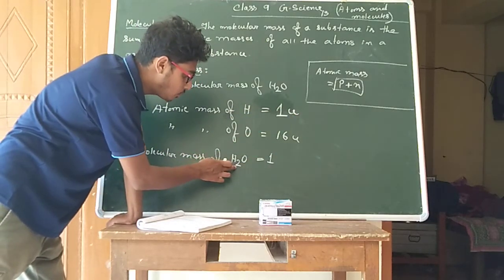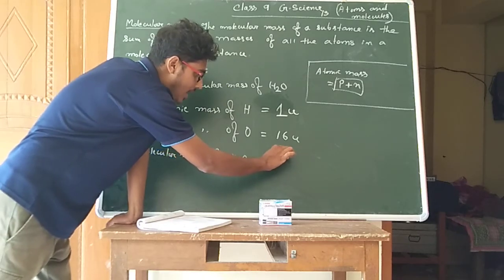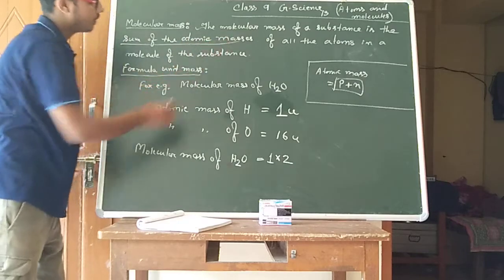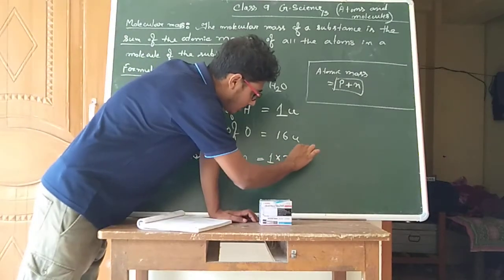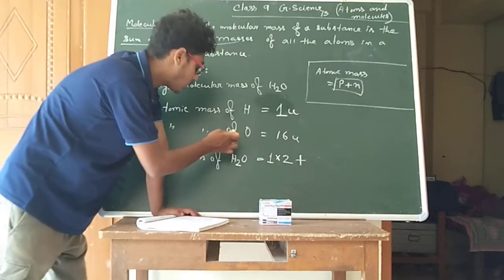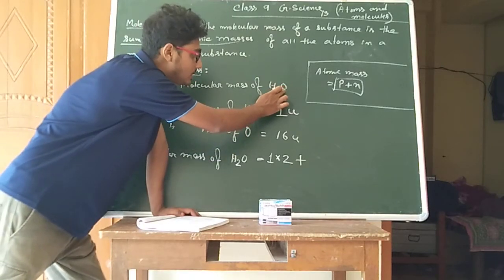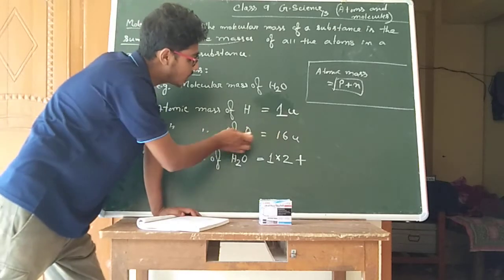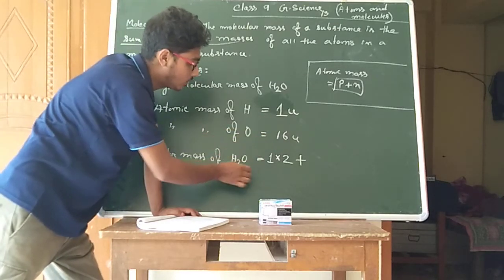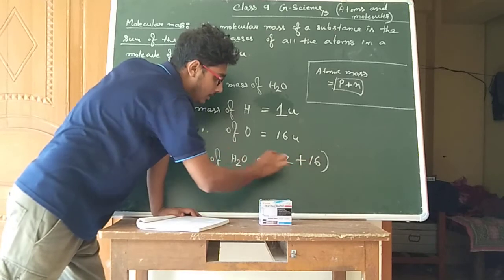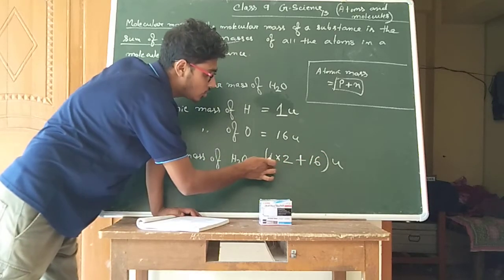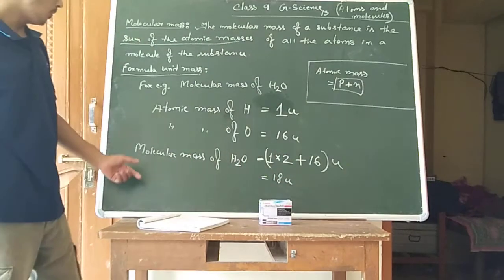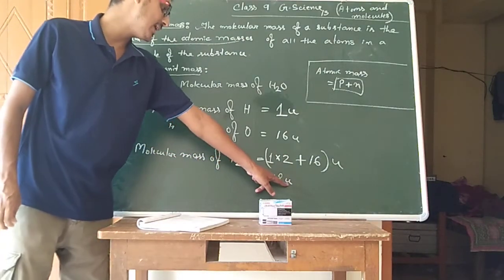Hydrogen has 2 atoms, so we write 1 into 2. Then we add the atomic mass of oxygen. How many atoms of oxygen are present? One, and its atomic mass is 16 U. So 2 plus 16 is 18 atomic mass unit. So the molecular mass of H2O is 18 atomic mass unit.